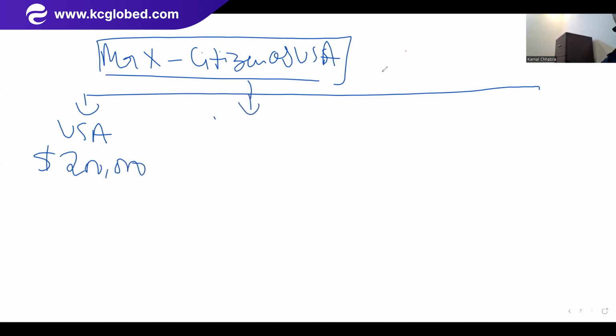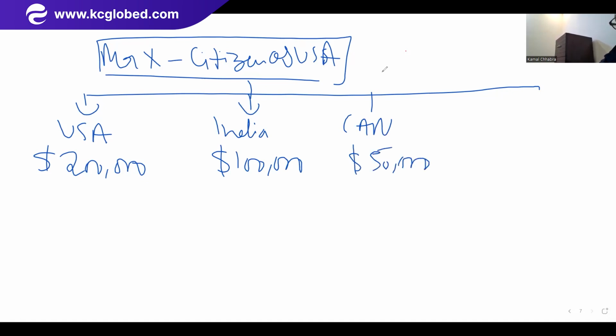Let's say from India, $100,000. From Canada, let's say $50,000. And let's say from Australia, they have $50,000.